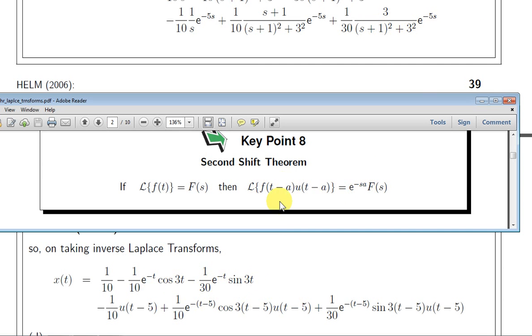So we replace the t with t minus 5. We get e to the minus bracket t minus 5 sine of 3 bracket t minus 5, and then we multiply by u of t minus 5. So we just used these two results to give us these new results.